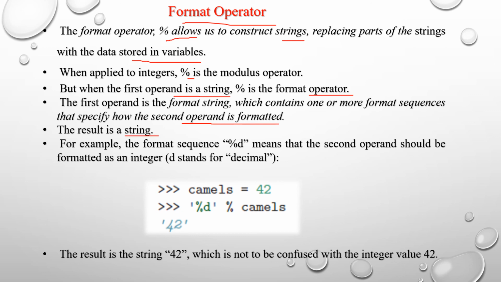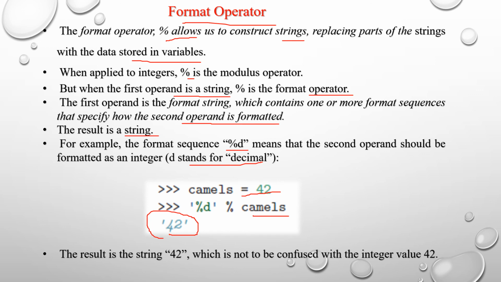For example, the format sequence %d means that the second operand should be formatted as an integer. D stands for decimal. For example, you take camels is equal to 42. Then '%d' % camels is going to print 42.